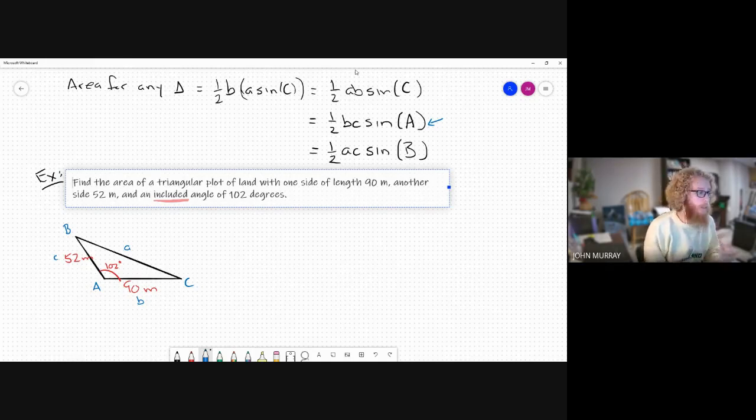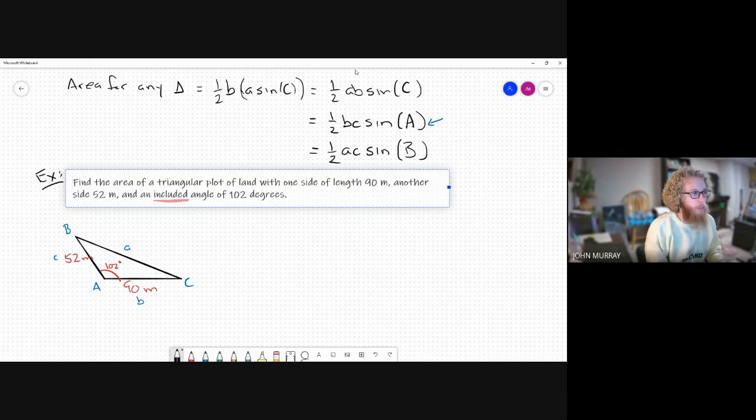But again, it depends on how you set it up, right? If you called this A, this B, and this C, you would just use a different form depending on where you put your variables, your points, your vertices. All right. So don't get caught up on that part. Put the letters wherever you want. All right. And then it's just matching here.